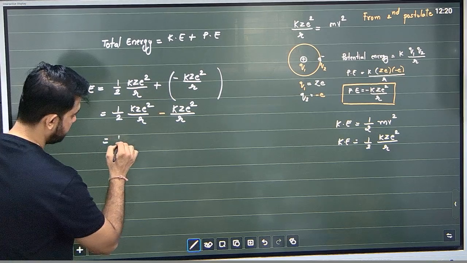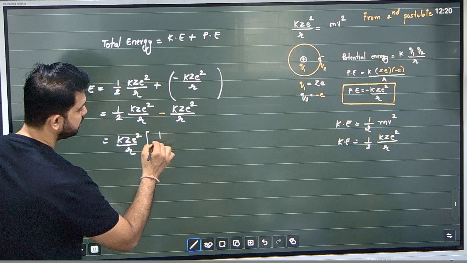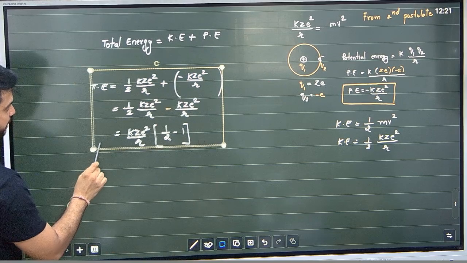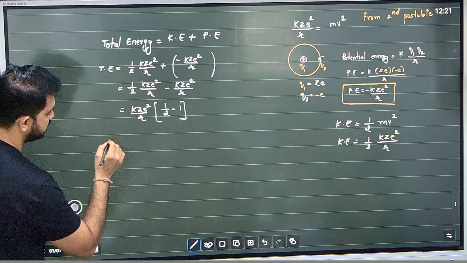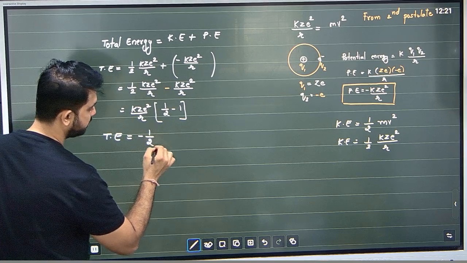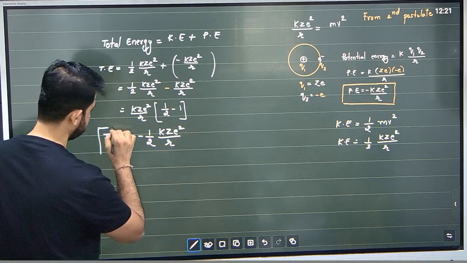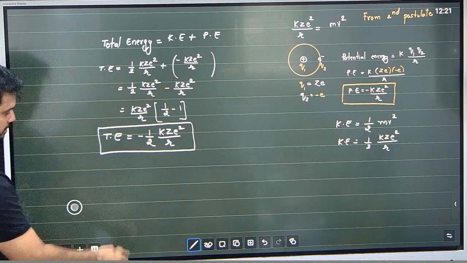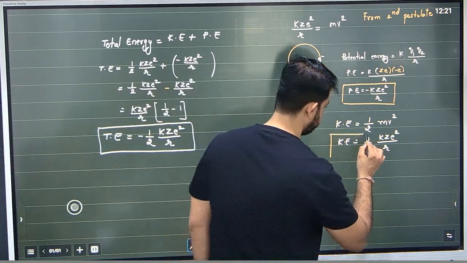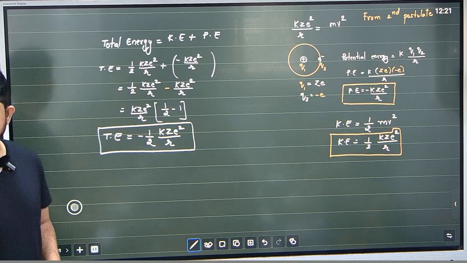K Z E square over R. What is left in the bracket inside? What is half minus 1? Negative half. So what is the formula for total energy? Minus half K Z E square over R. Did you people get that till here?